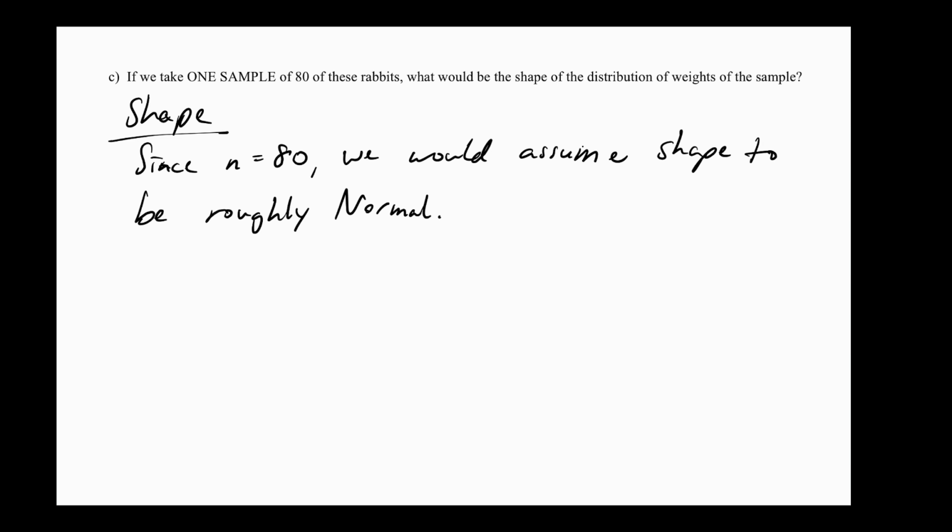So that answers the question, and it explains why we say it's going to be roughly normal: because sample size is big enough. It's big.